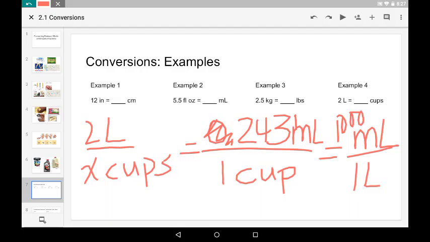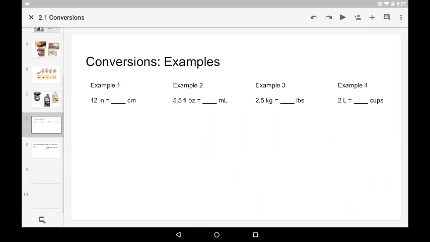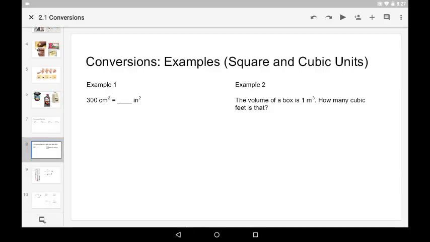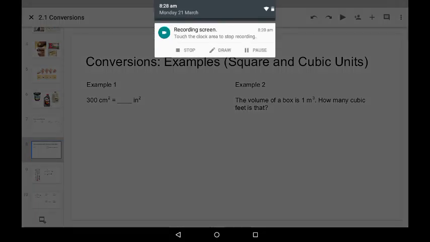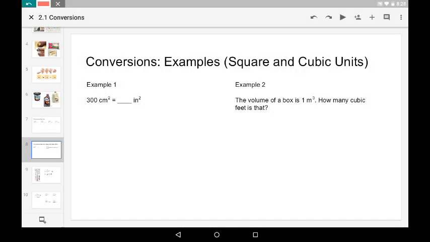Hopefully that's not too confusing. You can do it in 1 step or 2, whichever works for you. Okay. You can also convert square and cubic units. A squared unit is something that literally makes a square. A cubic unit is to the power of 3, or something that makes a 3D shape. So squared units are 2-dimensional, cubed units are 3-dimensional. Okay?